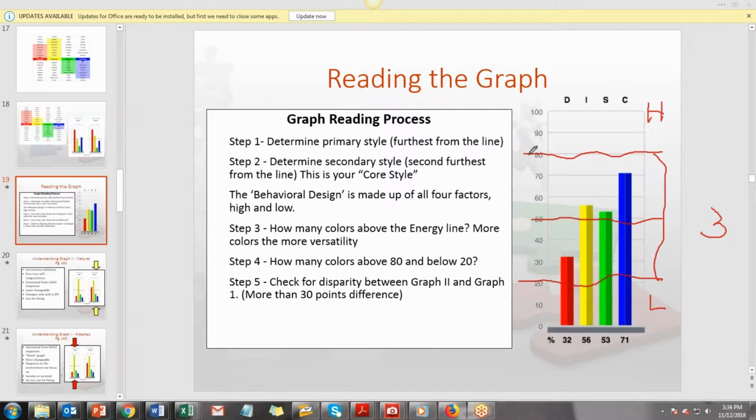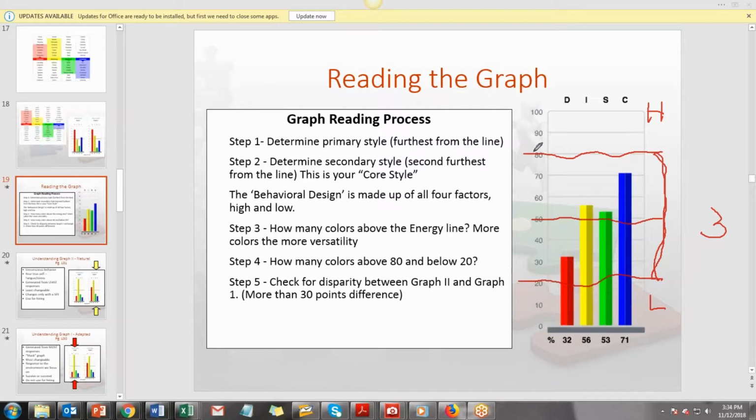So what we're doing is just understanding the person's behavior. If they have anything that's above 80 or below 20, it just means that one aspect or factor is going to be more noticeable than, say, for someone who falls into the moderate zone.